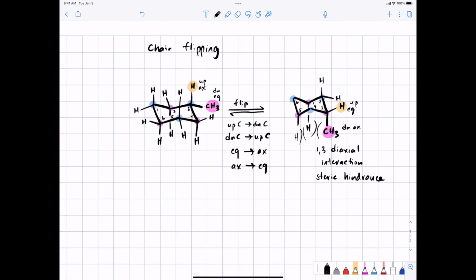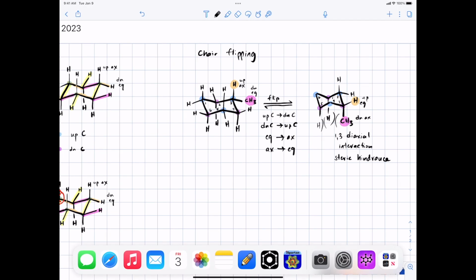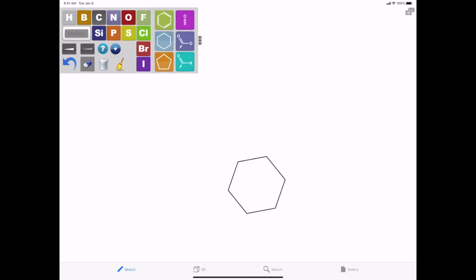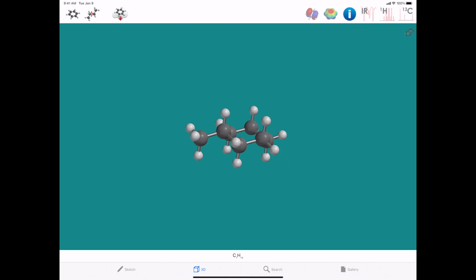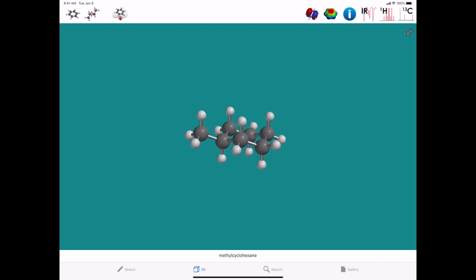Now, to give you a picture of what that looks like, we'll go to Spartan, and we're going to add a methyl group. And let's see, download that, clean it up. I want to show you space filling.